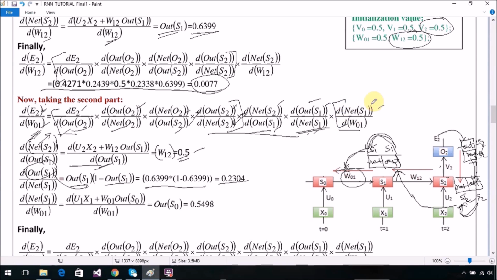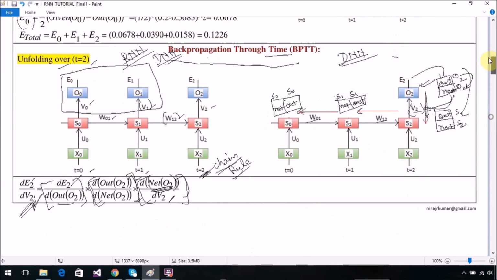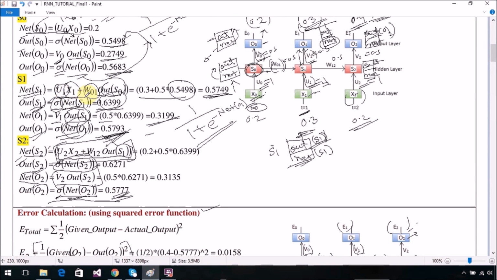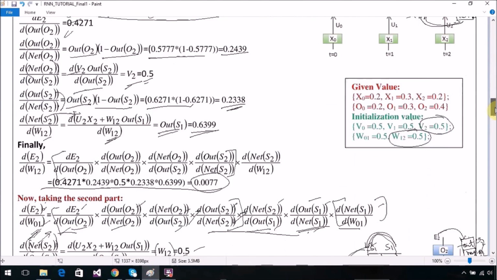Similarly, the last part is differentiating net S1 with respect to W01. Here we will use the expansion of net S1. Our net S1 that we derived earlier is U1 x1 plus W01 out S0. We will copy this value here.